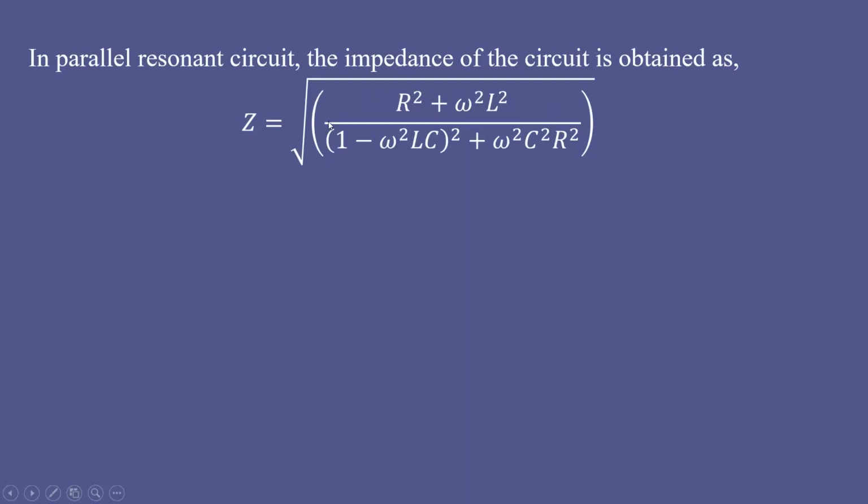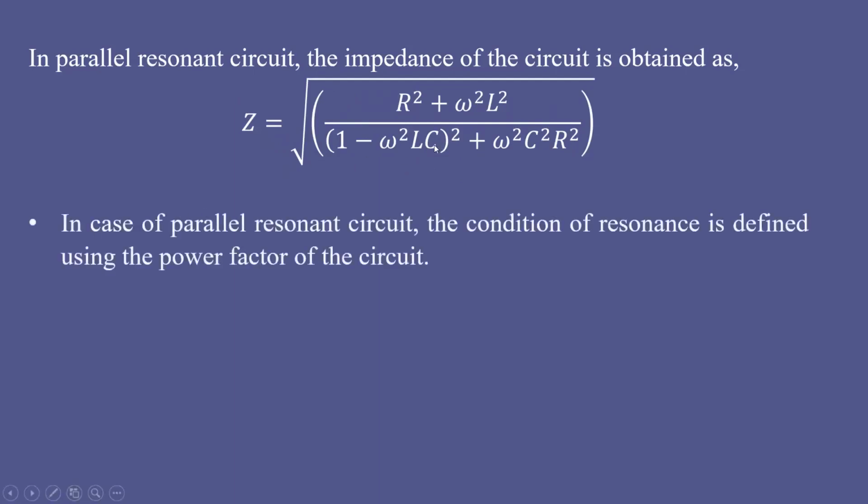Z is given by the square root of R square plus omega square L square, whole divided by 1 minus omega square LC, the whole square, plus omega square C square R square. This is the impedance of the circuit corresponding to the parallel resonance circuit.